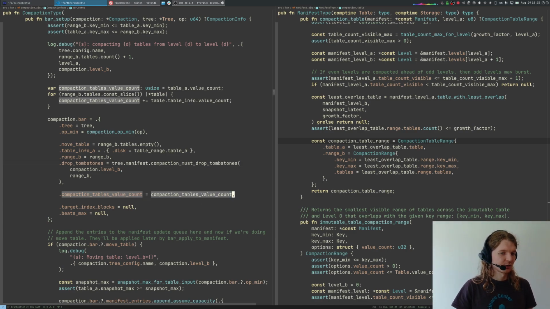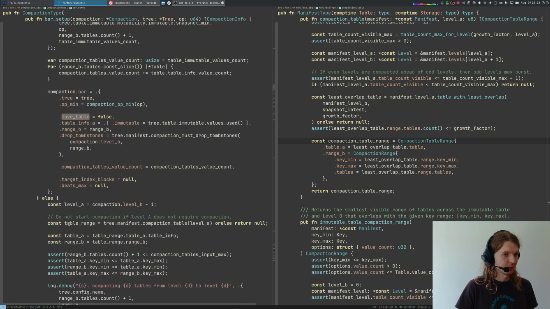And this is the maximum number of values which we could produce. We might produce less, but we are never going to produce more. And that's basically it.